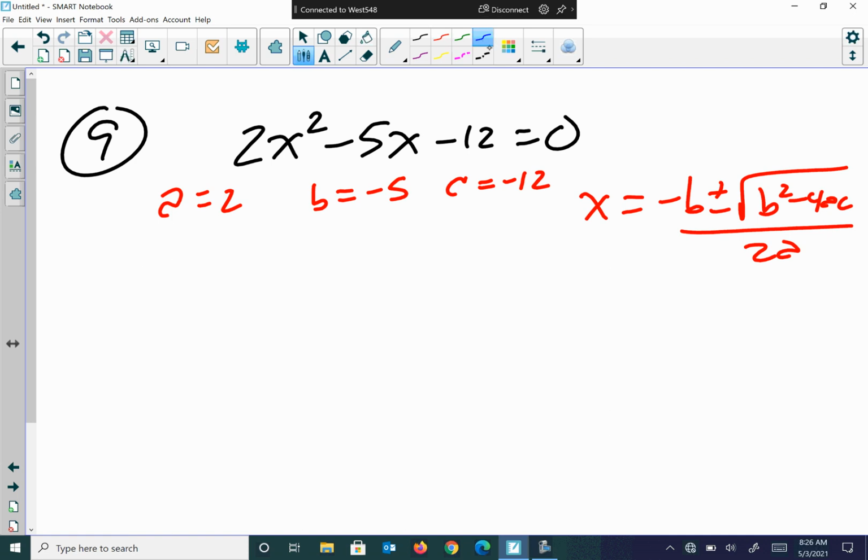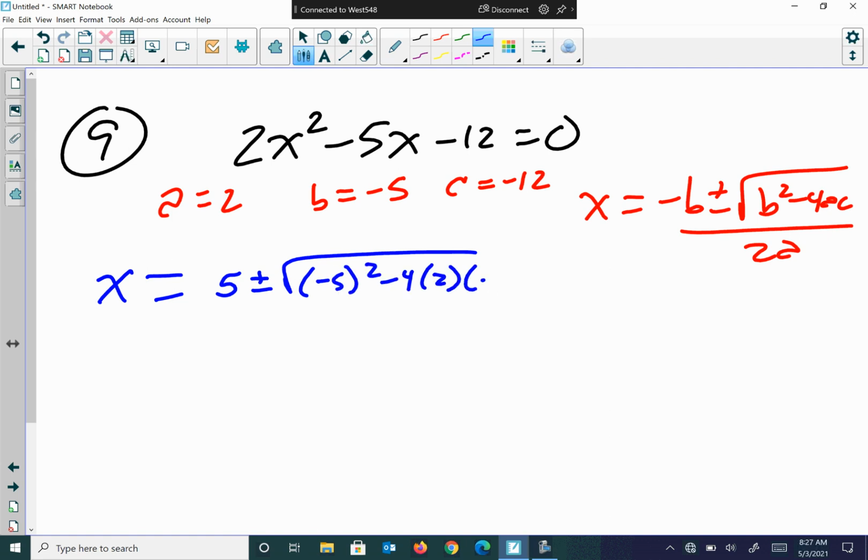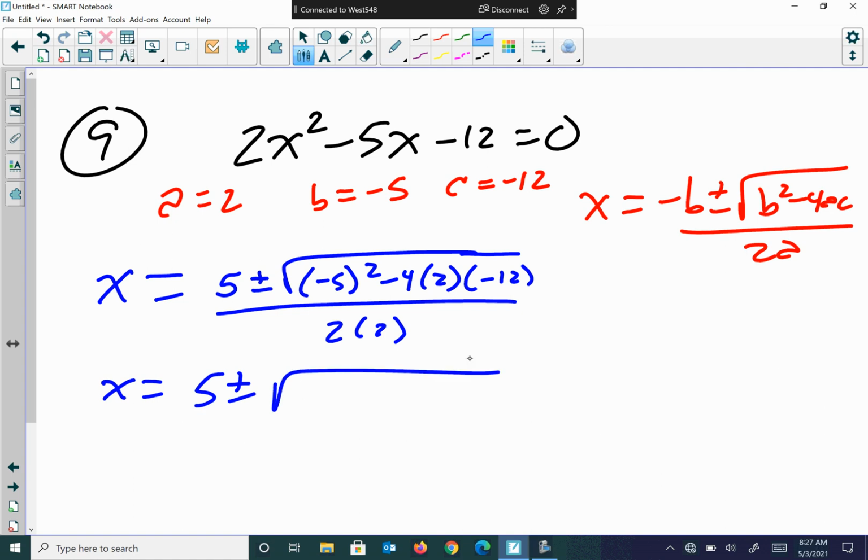All right, so I'm going to take those values. I'm going to plug it in. So I get x equals negative b, which is just that, plus or minus the square root of negative 5 squared minus 4ac, all over 2a. Let's see, that's going to give me 25. That's negative 8.